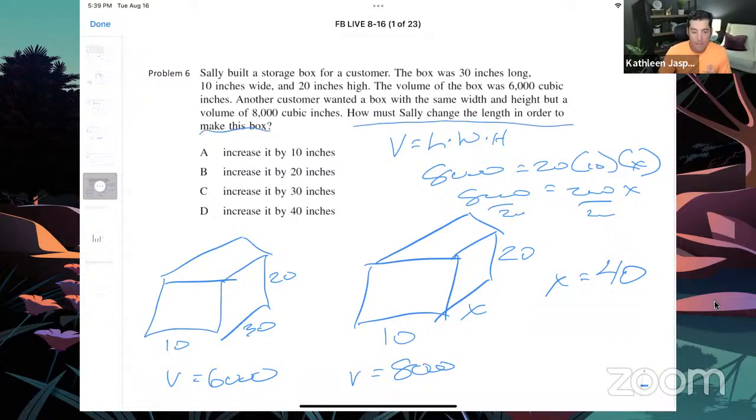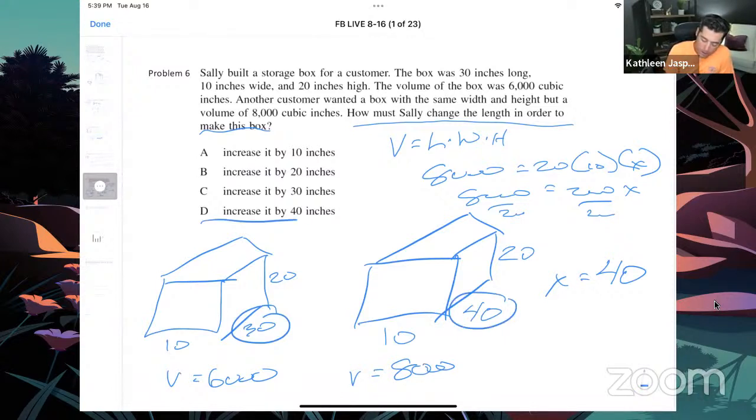Remember, we're using the same box, except we're changing the length, and we need to get that volume of 8,000. In order for that to be so, X equals 40. This was the original. This is the new.